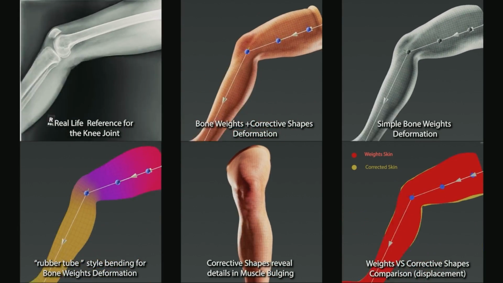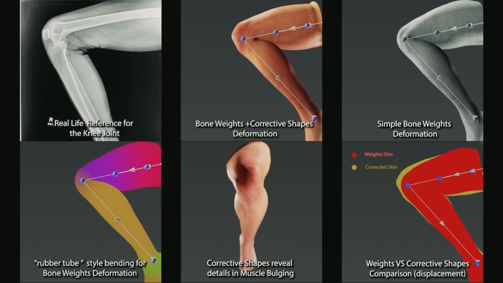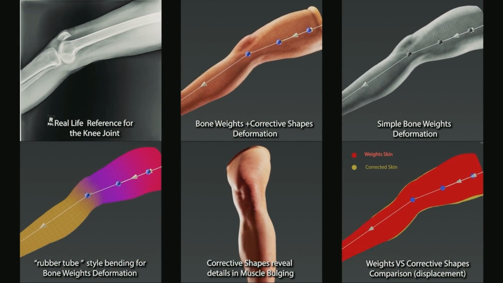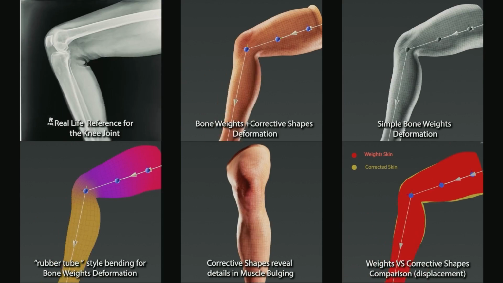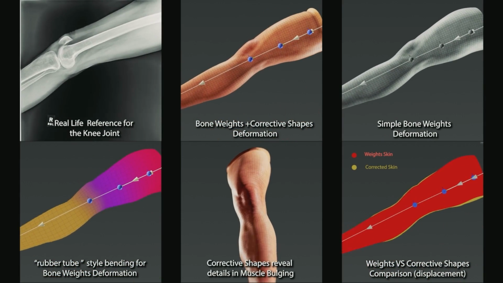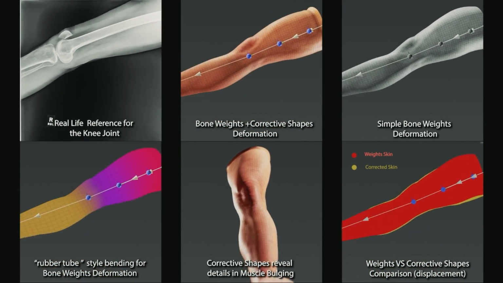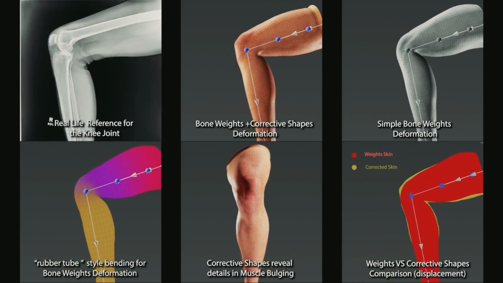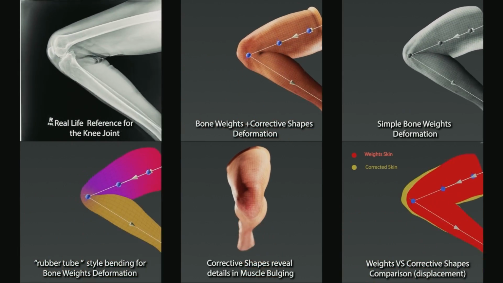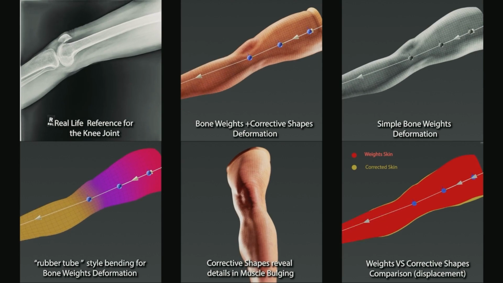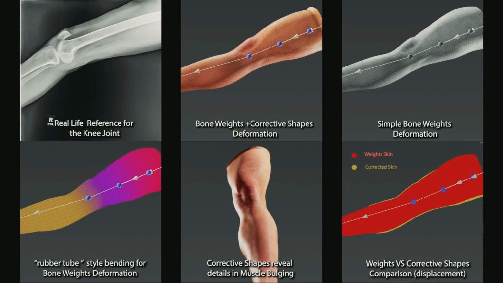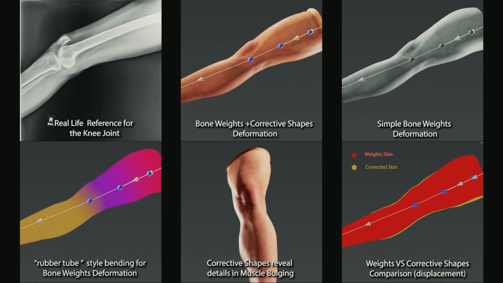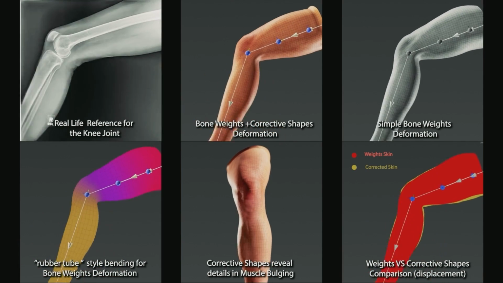It also adds some fine detail in the movement of the muscle, and the complex movement of the patella, the kneecap, which goes like crazy from under the bone to above the bone, could be reproduced using corrective shapes, and we can achieve something more realistic than simple weight painting.